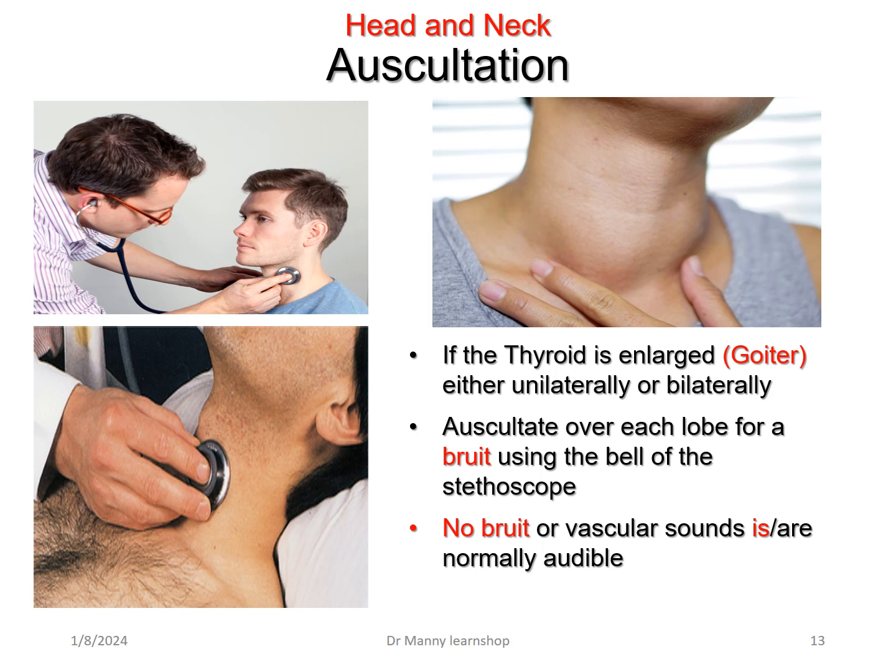But if you are auscultating for a bruit, you use the bell of the stethoscope, but normally there is no bruit, there are no vascular sounds when you auscultate an artery. So normally you won't hear anything, but a bruit is an abnormal sound that you hear with a stethoscope, and it's typically a swishing sound. So swoosh, swoosh, swoosh, with each beat of the heart.